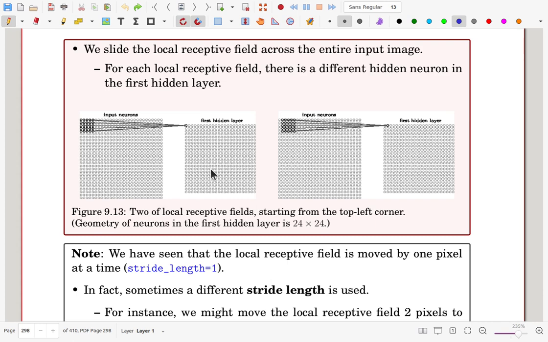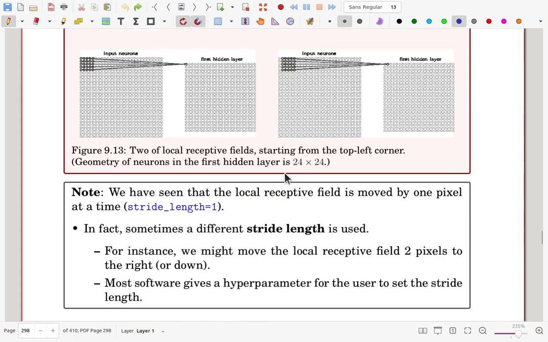Okay, so the local receptive field is used in this way. For this example, the stride length is 1, its movement is 1 pixel at a time. Now you can choose a different stride length.